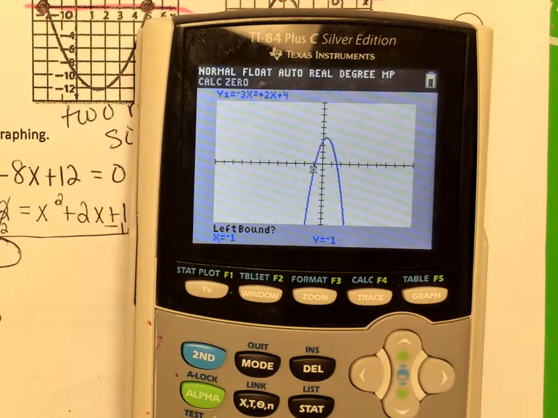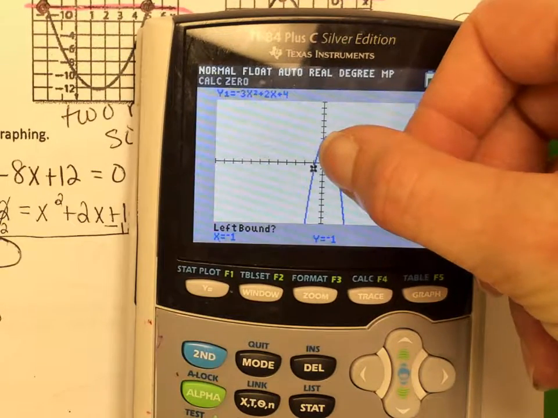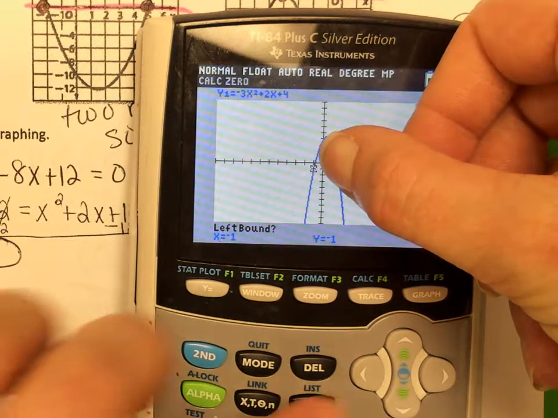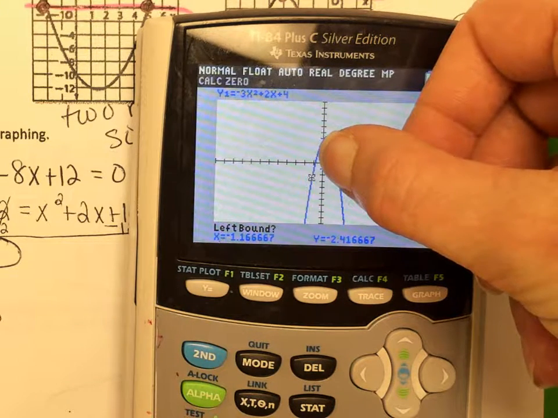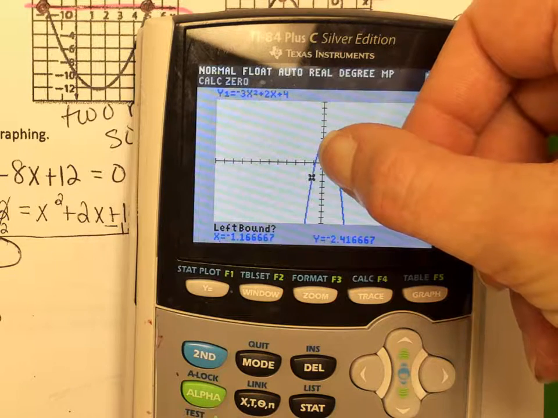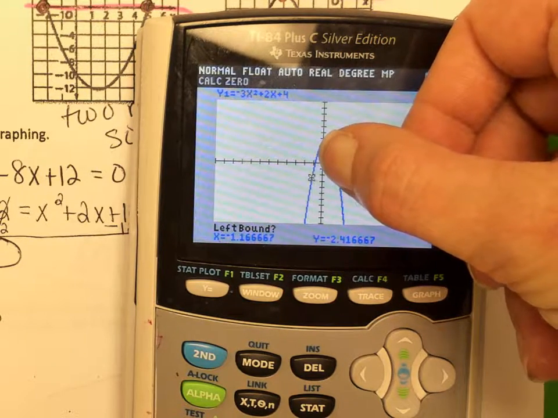Do you see that x-intercept that's right there at -1? So you've got to go to the left of it, which is a little bit below it, okay? Because remember, as it's going down, it's going left. And look, guys, if you do it the wrong way, the calculator's going to tell you, so then you just fix it.